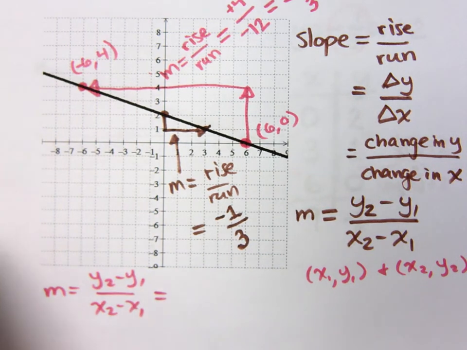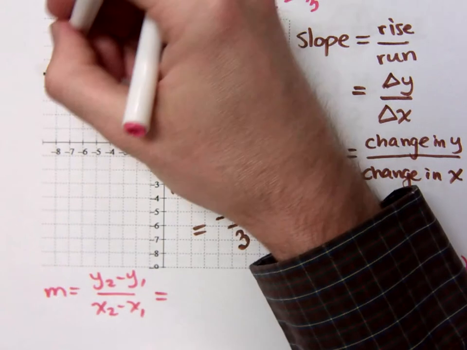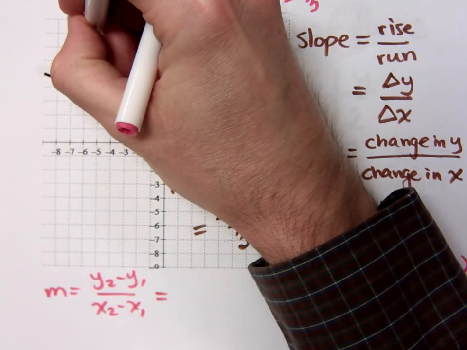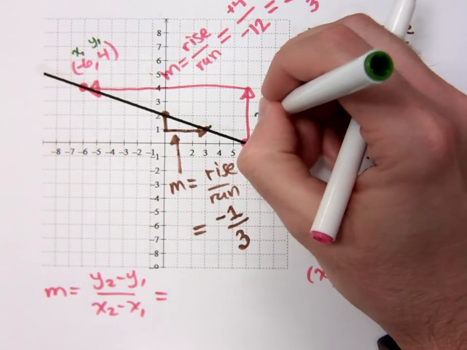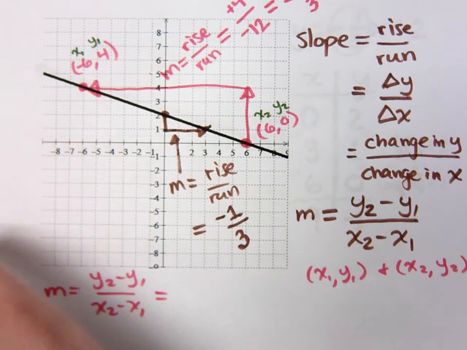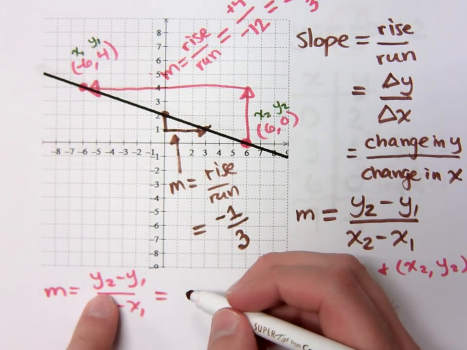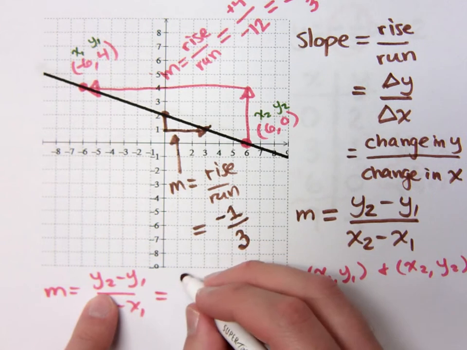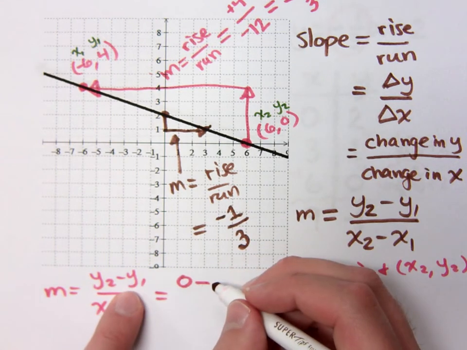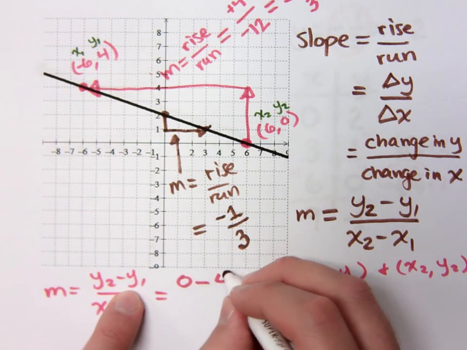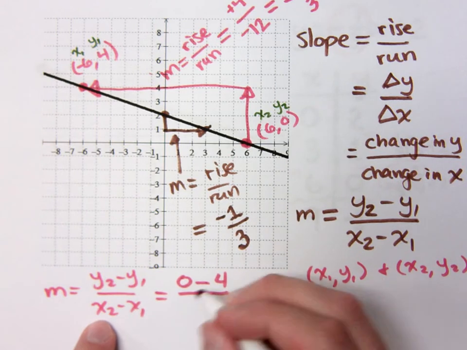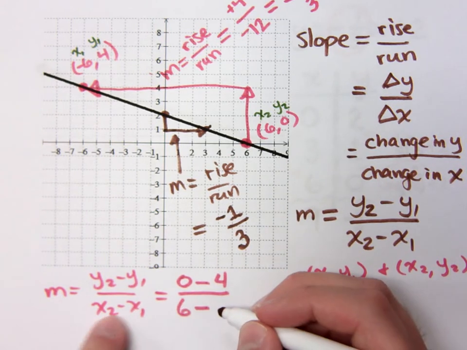If I happen to label these this x1, y1, and I call this one x2, y2, in my formula, what's y2? 0 minus what's y1? Over what's x2? Minus what's x1?